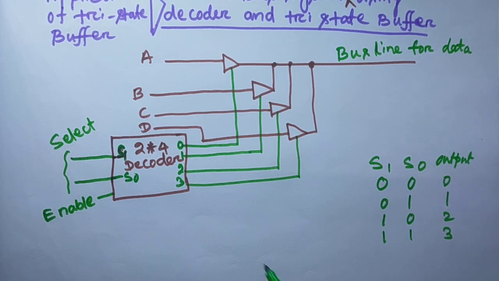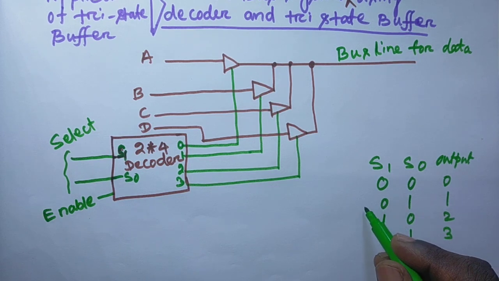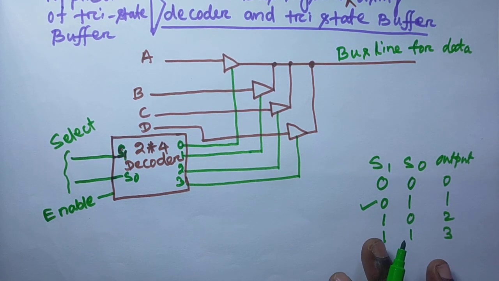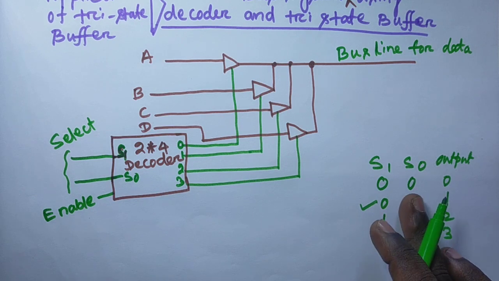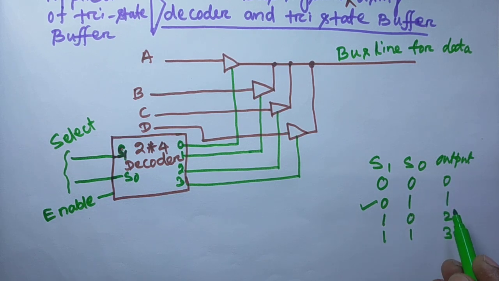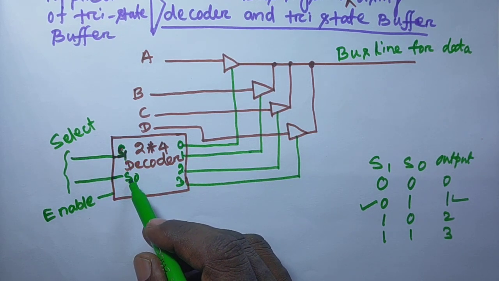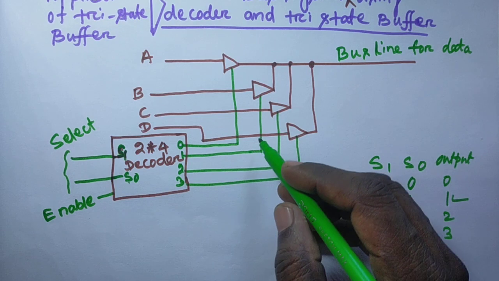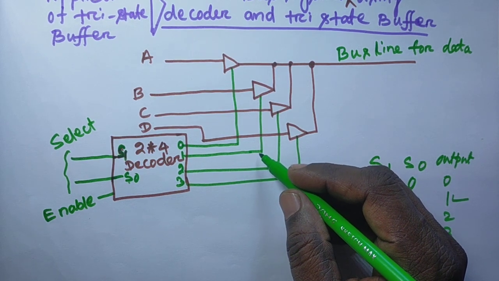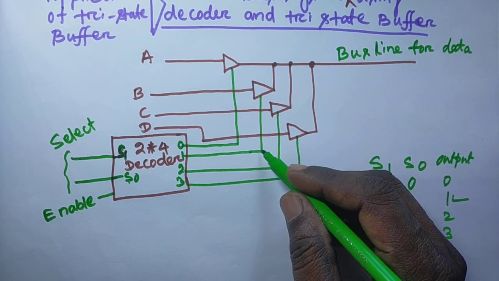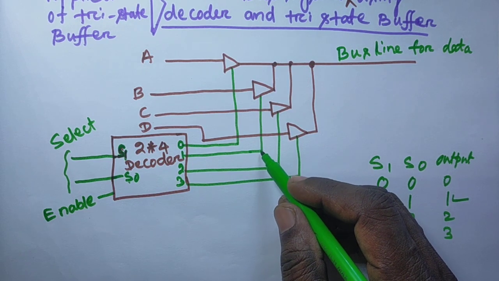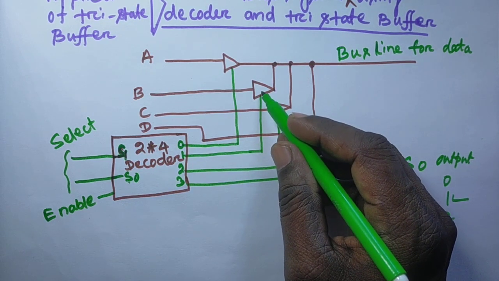So, for example, suppose this particular 0, 1, here you see 0, 1. 0, 1 is S1 0, S0 1. So, which data will be provided? This data will be provided. Means you see 0, 1, that is 0, 1 means 1. Output 1 will be activated, okay, this will be activated to this particular buffer.